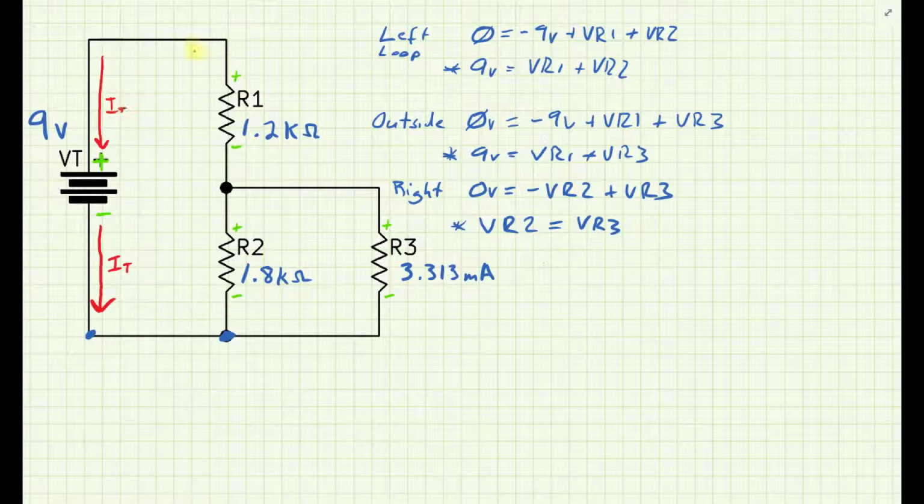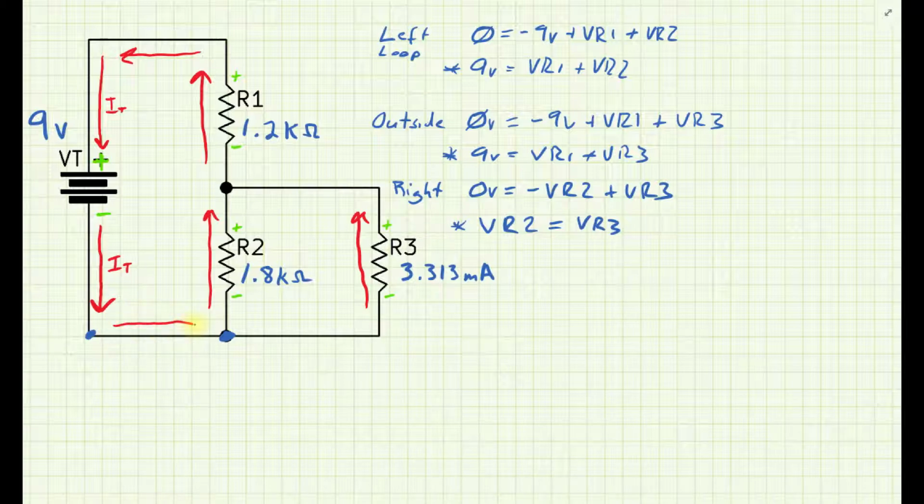That current comes along here, travels through this component from negative to positive, R2 from negative to positive, R3 from negative to positive. So I'm working in electron flow. There's our current total.